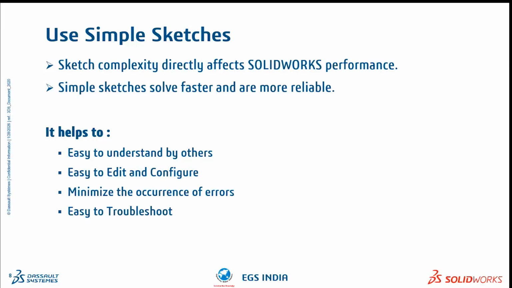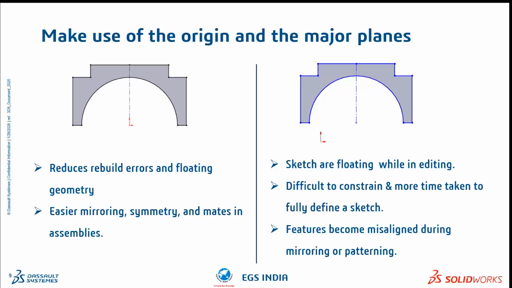The next step: always make use of the origin. The origin should be where your entire sketch is anchored. This helps in reducing rebuild errors and avoids floating geometry in the graphics area.